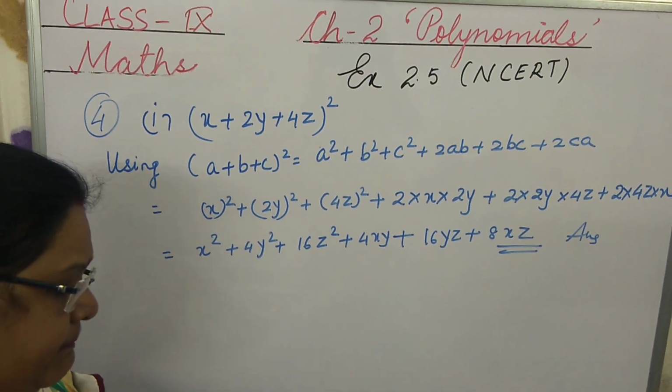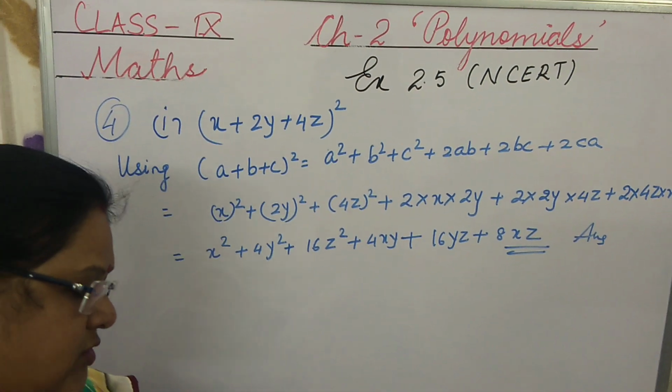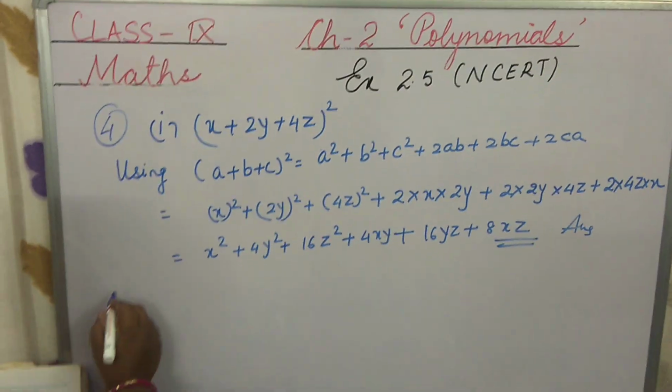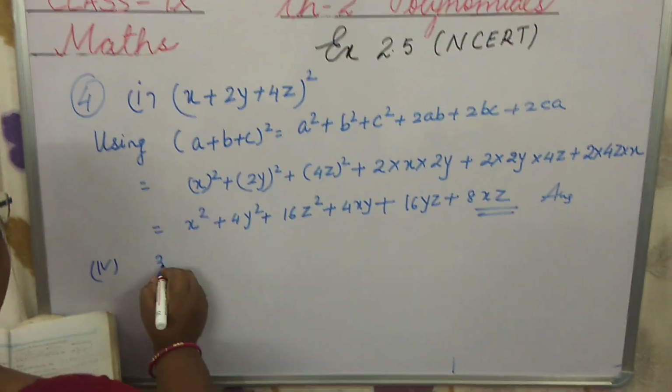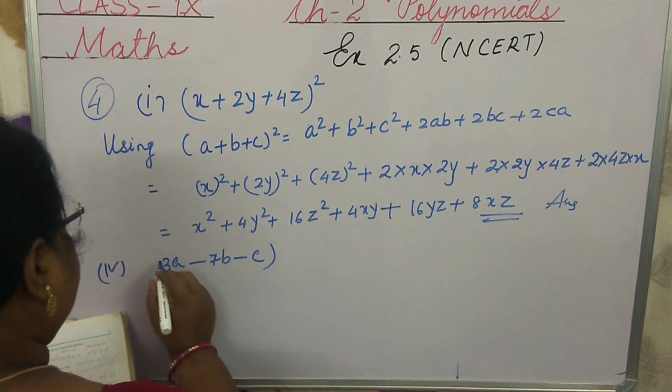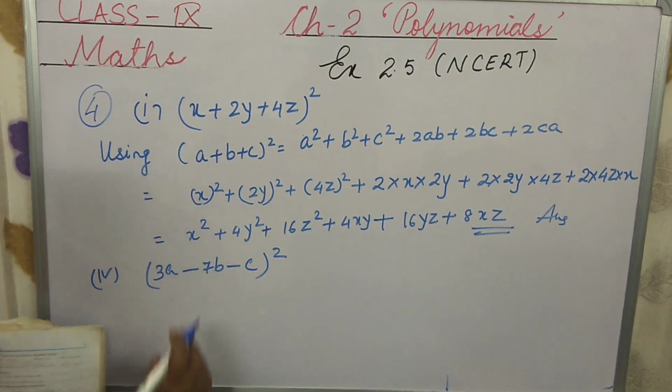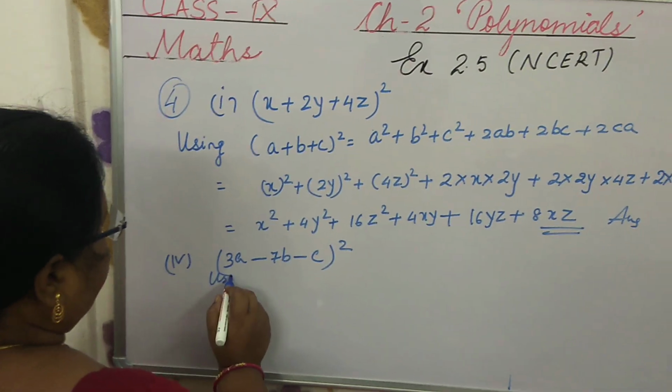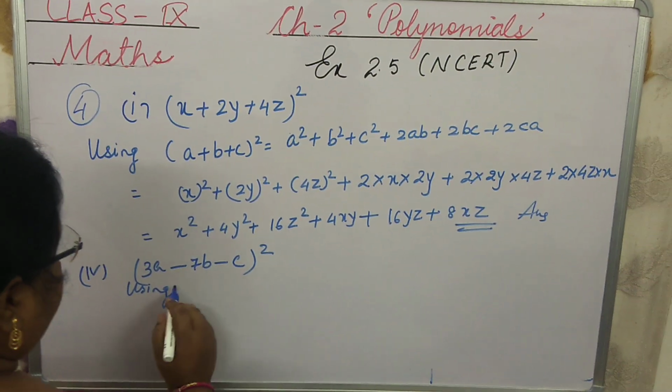Question number 4, I am doing one more question again for you. 3a minus 7b minus c whole square. Again you will write this using the identity. Always you have to write it here, because it is given in terms of a, b, c.